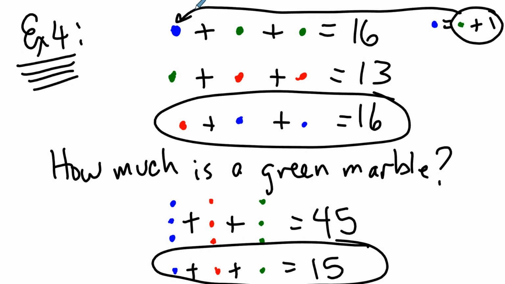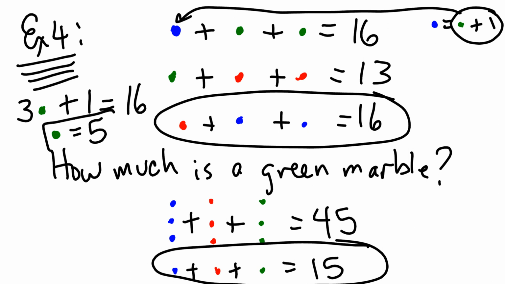And then we know that 3 greens plus 1 is 16. Do you know what a green has to be now? I figured that. Green marble's worth 5. And that's a fancy way to do some pretty sophisticated algebra.